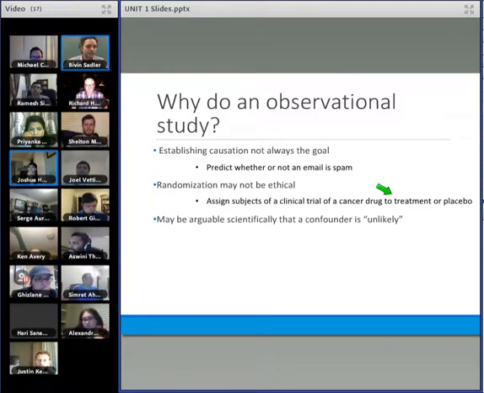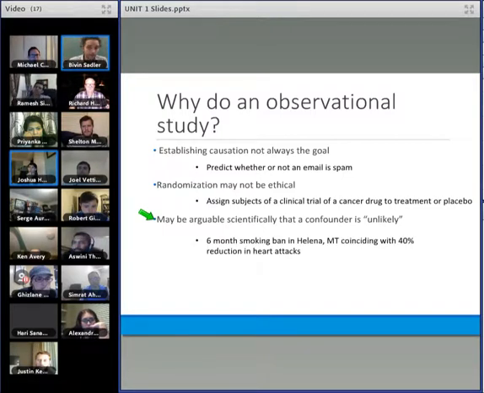Maybe it's arguable scientifically that a confounder is unlikely. If you have a huge sample size, like in the example I have here, this was an actual study, a 6-month smoking ban in Helena.